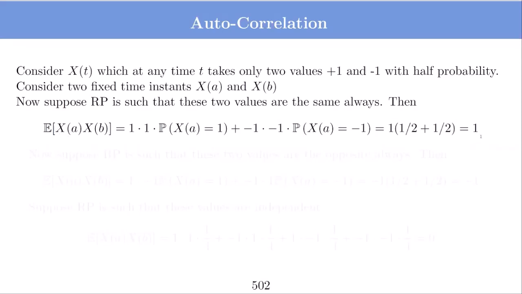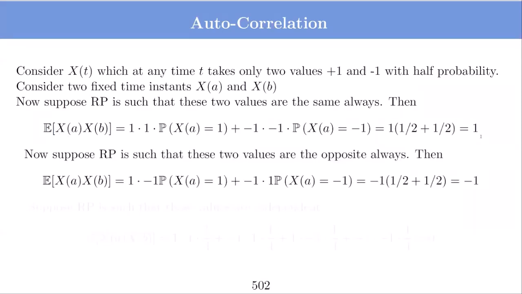Let us take another example. Suppose the random process is such that these two values are always opposite. So whenever Xa is +1, Xb is -1, and whenever Xa is -1, Xb is +1. In that case, whenever Xa is +1 with half probability, Xb is -1, so the product is -1. And whenever Xa is -1, Xb is 1, so the product is also -1.